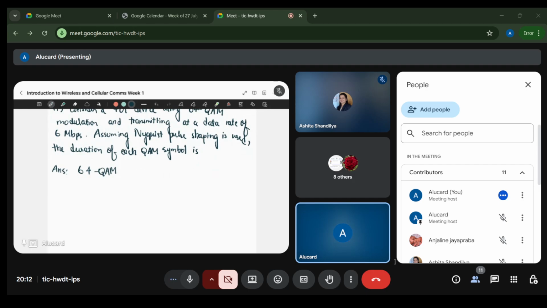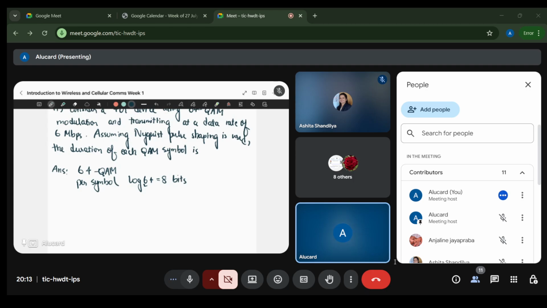So per symbol there are log 64 base 2 bits, sorry, it's not 8, 2 power 6 is 64, so it's 6. The data rate is 6 megabits per second.